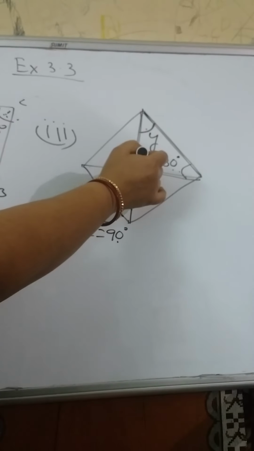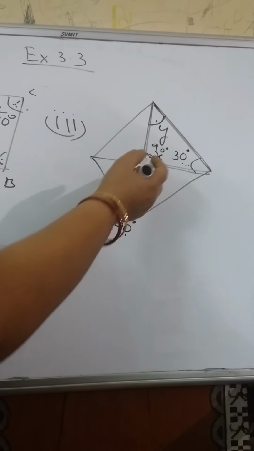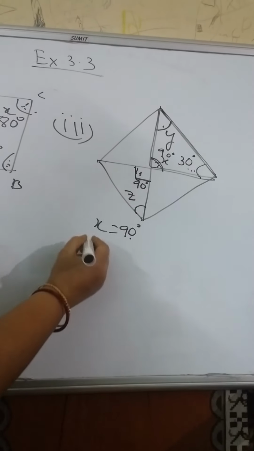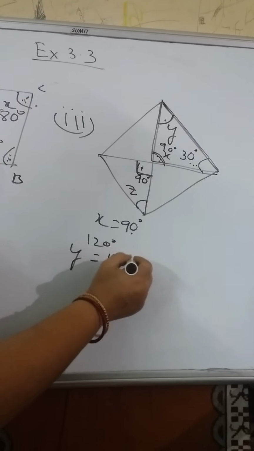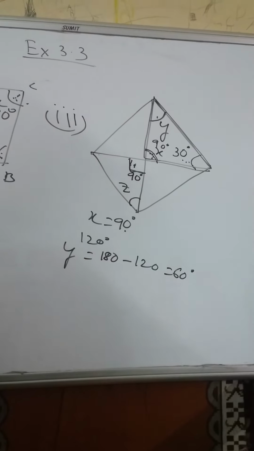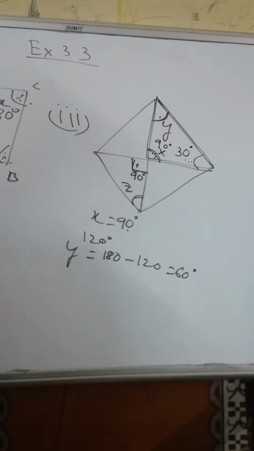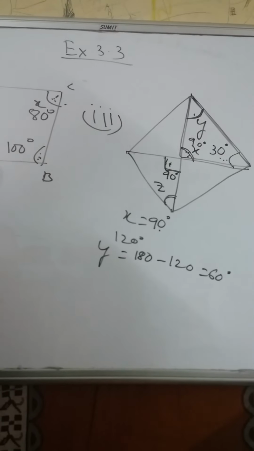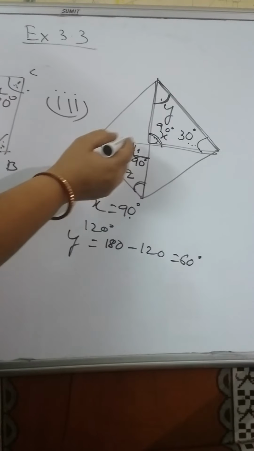So 90 plus 30 is 120 degrees. So y will be 180 minus 120, which is 60 degrees.